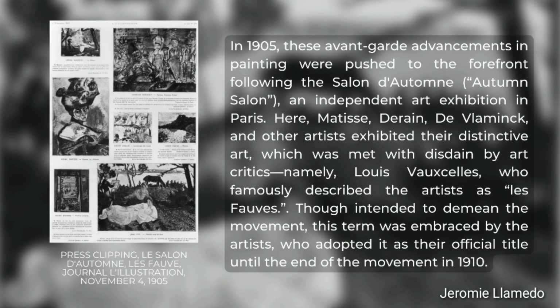Here, Matisse, Derain, de Vlaminck, and other artists exhibited their distinctive art, which was met with disdain by art critics, namely Louis Vauxcelles, who famously described the artists as Les Fauves. Though intended to demean the movement, this term was embraced by the artists, who adopted it as their official title until the end of the movement in 1910.